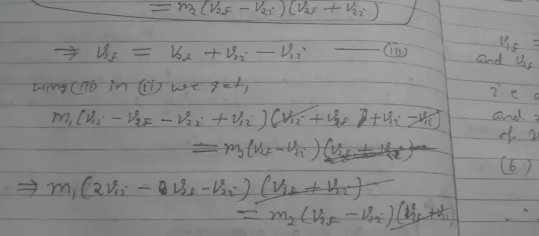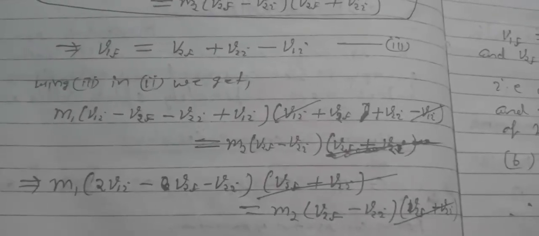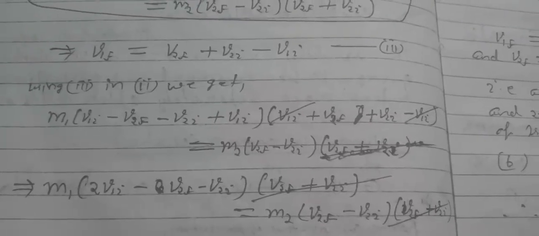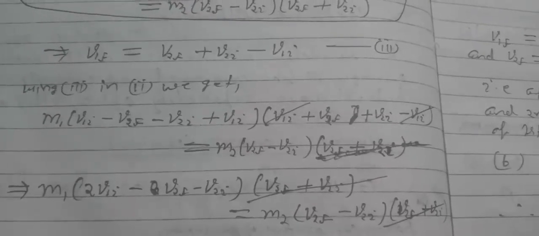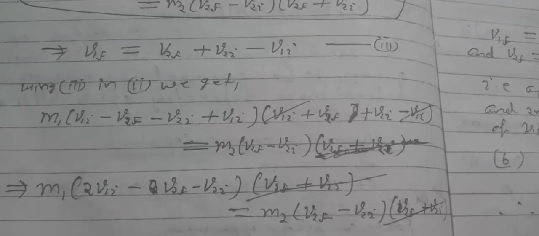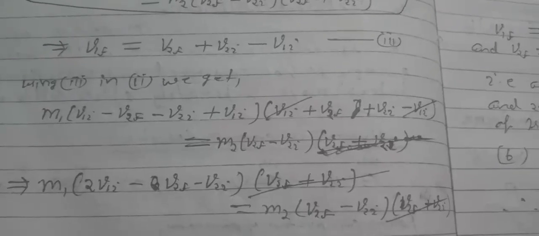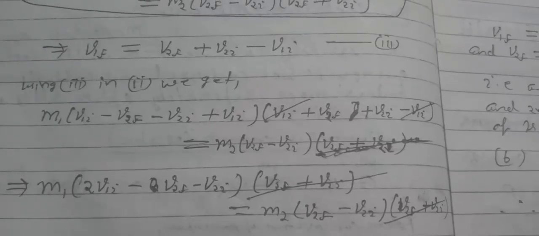Equation 3. Using 3 in 2, we get m1(v1i - v2f - v2i + v1i)(v1i + v2f + v2i - v1i) = m2(v2f - v2i).